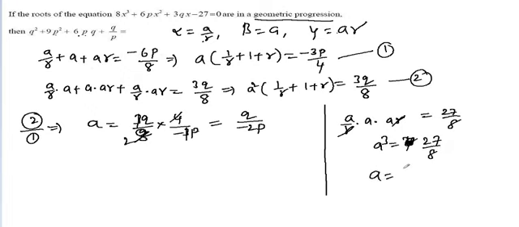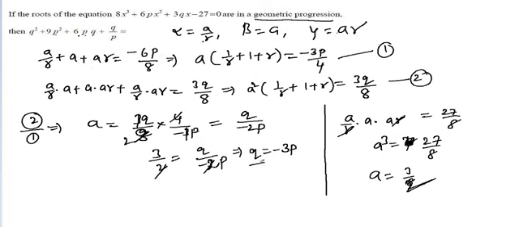Therefore a is equal to 3 by 2. Substituting the a value in this relation, that is 3 by 2 is equal to q by minus 2p. So here 2 cancels, from this q is equal to minus 3p. This is the relation between q and p.